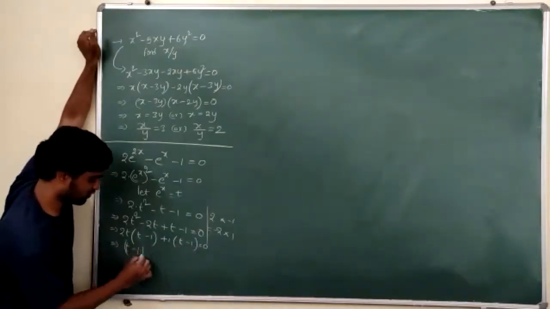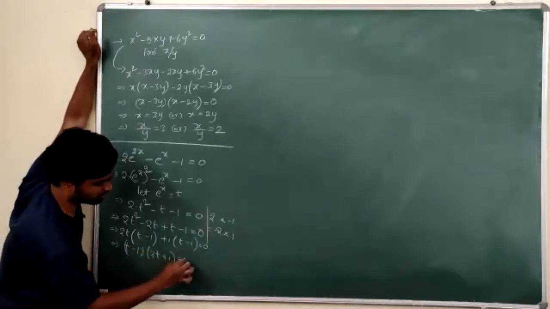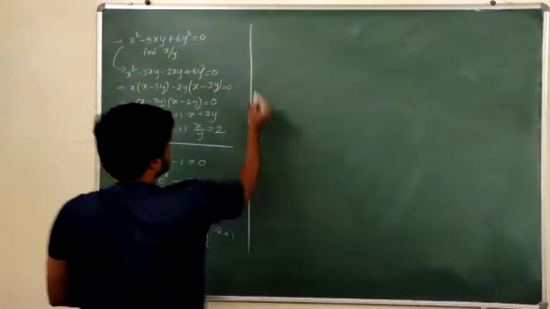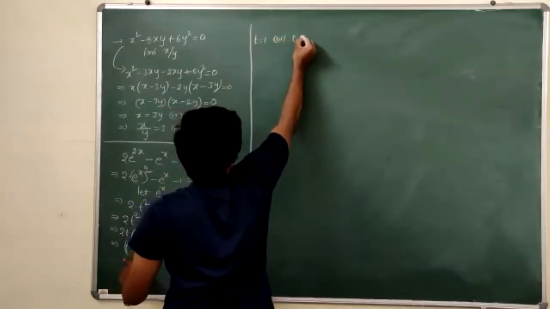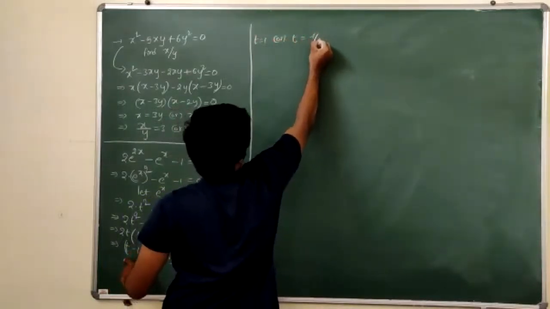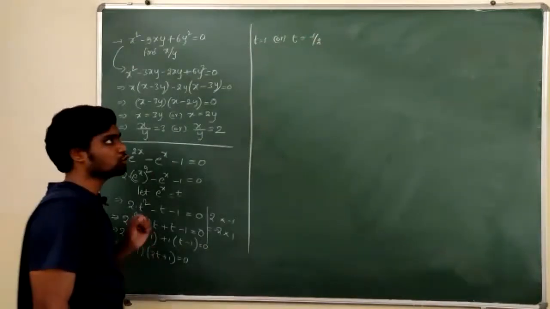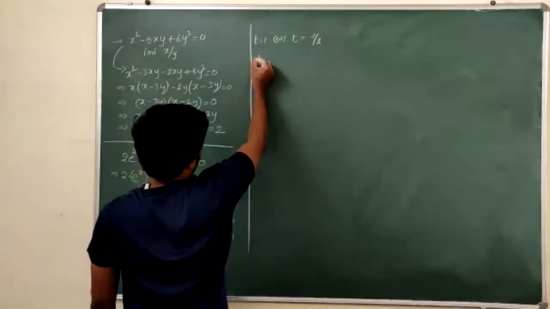So t minus 1 is common. 2t plus 1 is equal to 0. Now the next step would be t is equal to 1 or t is equal to minus half. 2t plus 1 is equal to 0 means t is equal to minus half. So what is t now? It is e power x.